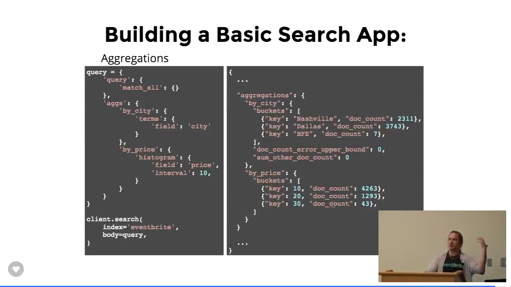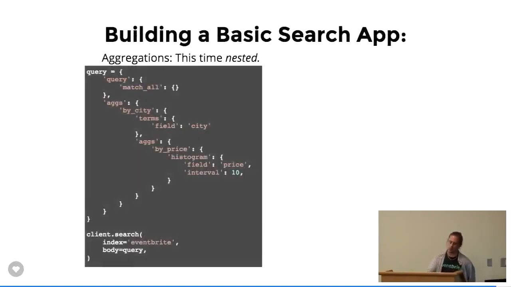A neat thing for us to provide back to our users is not only the histogram of all the events, but we could do a histogram per each city. And you can do this with Elasticsearch. Aggregations can be arbitrarily nested. There's performance issues after some point. But I can say at the top level, do a terms aggregation, so we bucket everything by city, and I get the counts back.